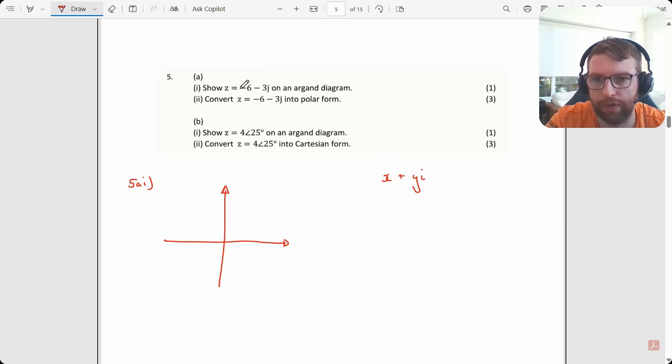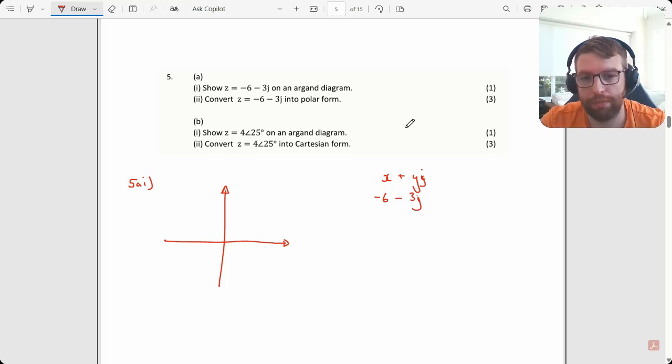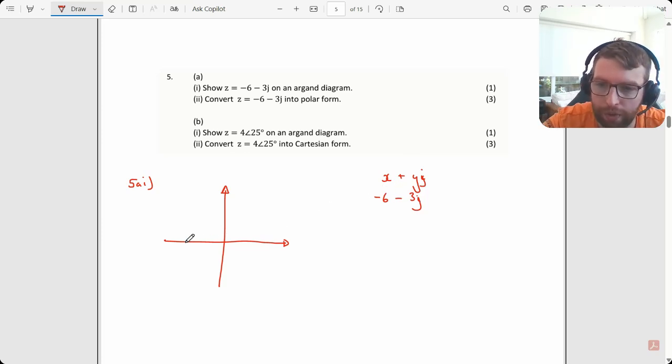The numbers here are minus 6, minus 3, it's J for you guys. All that means is the number in front of the J is the Y coordinate and the other number is the X coordinate. So in this case, we'll go to minus 6 and minus 3. And we just draw a point here and then we draw our line from there.